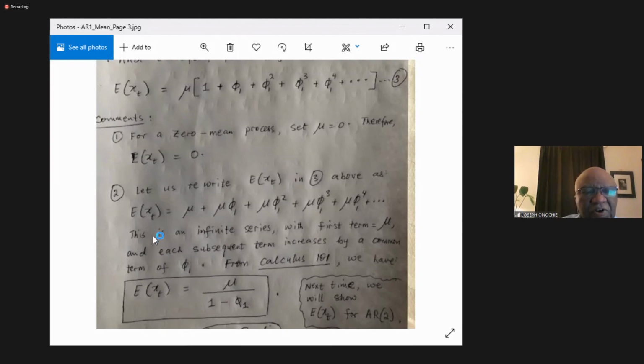So therefore, the average value, the first moment of an AR1 process with a 0 mean white noise is given by that, the AR constant, the constant of the AR process, divided by 1 minus the coefficient of the lag value of X.